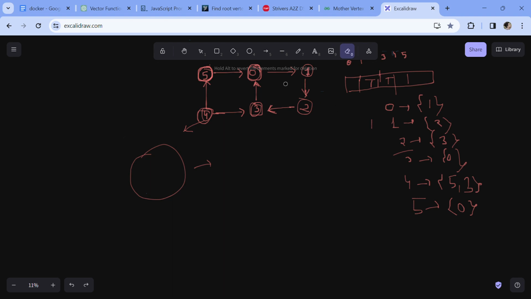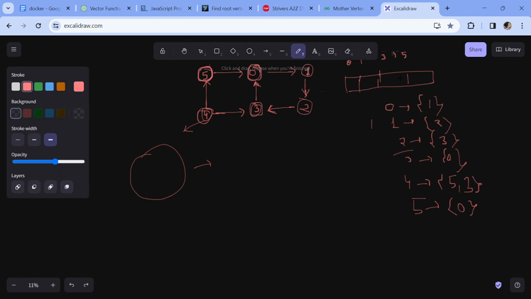So for 1 also, it will be marked visited. Let's say I am making the DFS call from node 4. First I will mark node 4 visited, and it will explore its neighbors, that is node 5.